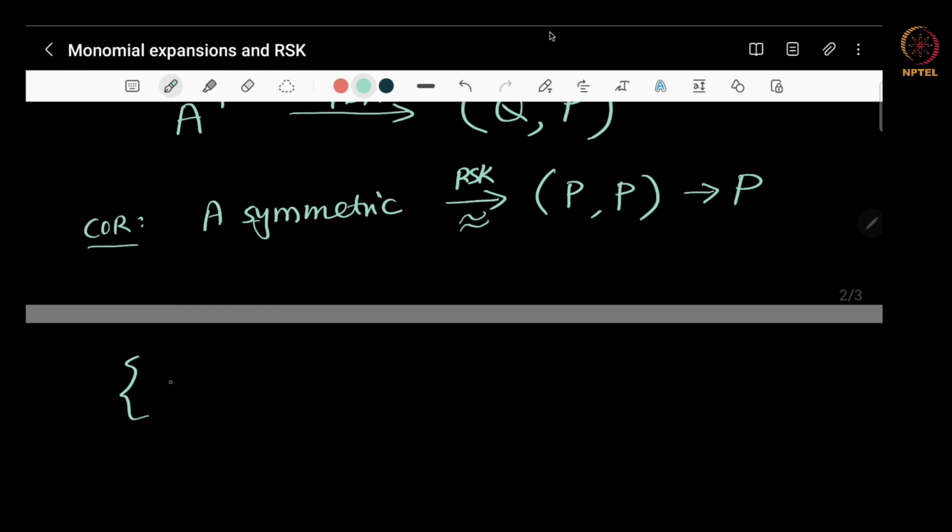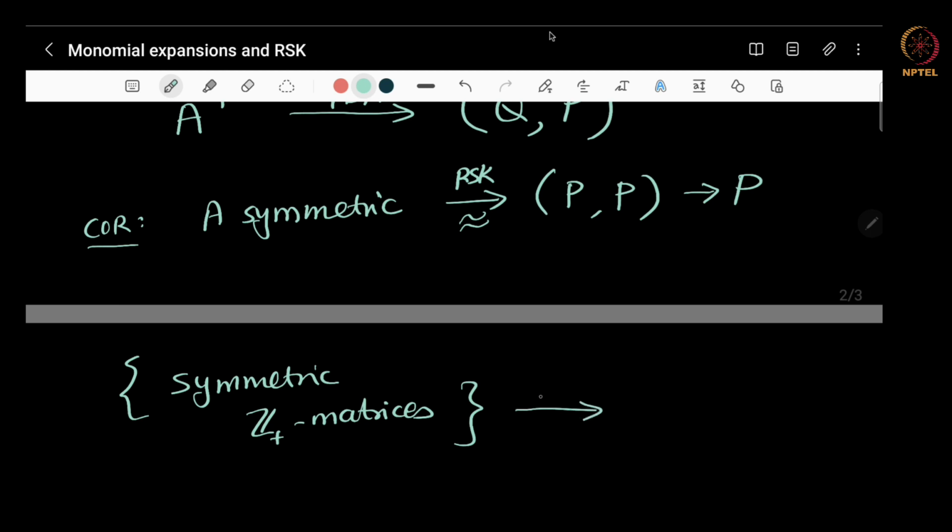So there is, as a corollary of the usual RSK, the statement that if I take the space of all symmetric integer matrices, from this space there is a bijection to semi-standard Young tableaux.